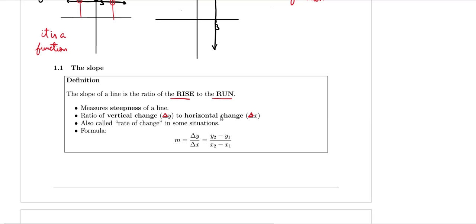And the formula for the slope is the following: m equals delta y over delta x, which is the difference in the y's, y2 minus y1, over the difference in the x's, the run, x2 minus x1. And again, this might be a throwback to other math courses: the rise over the run.